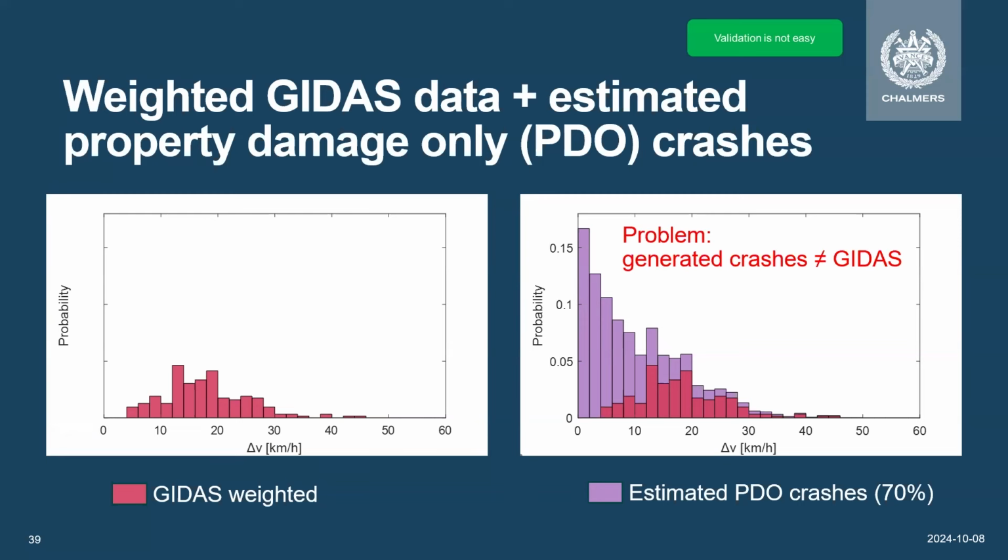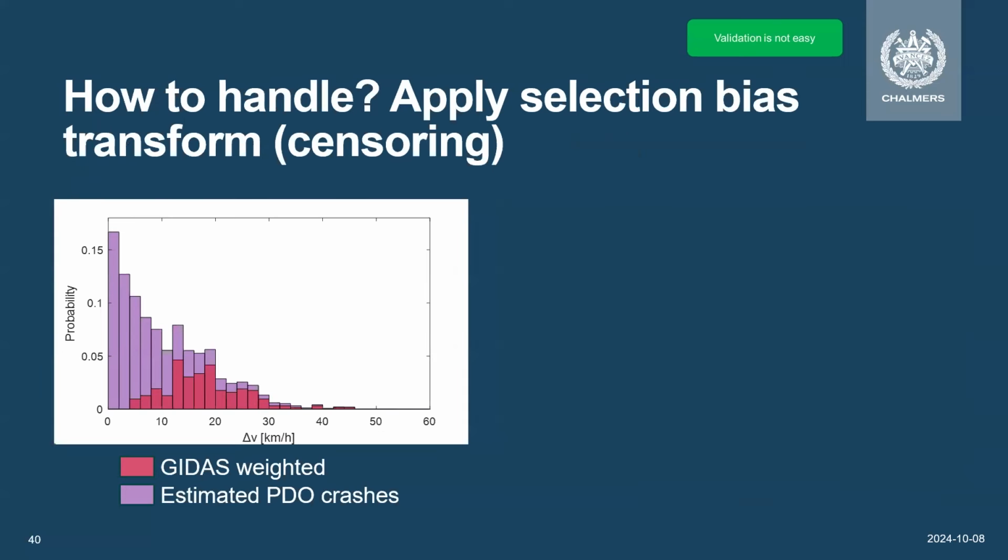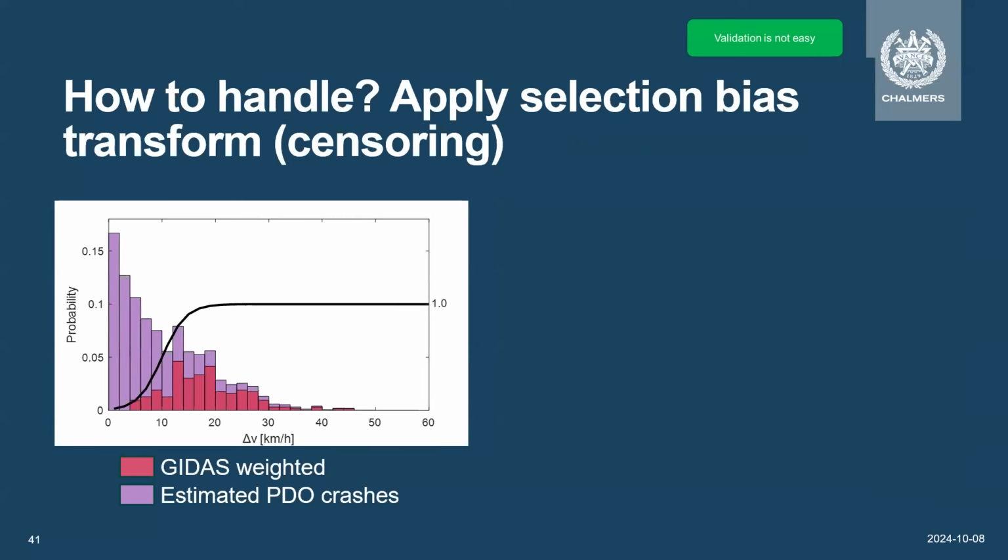But if we want to compare, that means we can't compare the original with just the simulated crashes, because the simulated crashes include all crashes. We could compare it directly to this, but we wanted to make it a little more generic. So what we did was create a transform that implements the selection criteria, by fitting a sigmoid so that we get the best possible outcome.